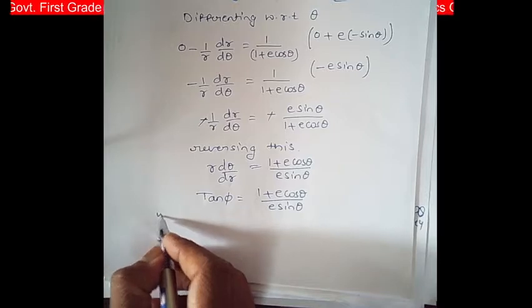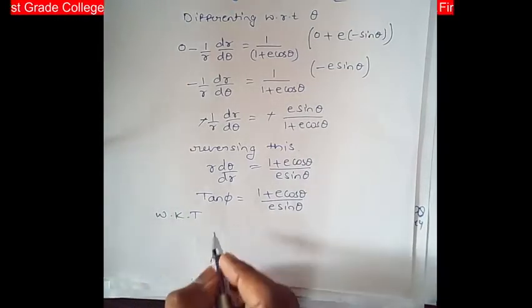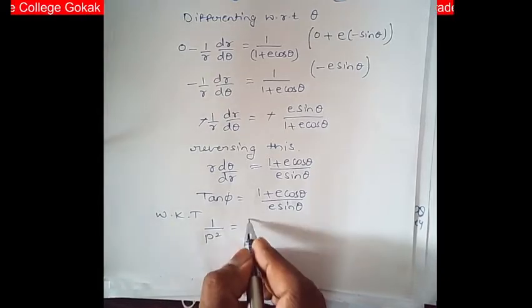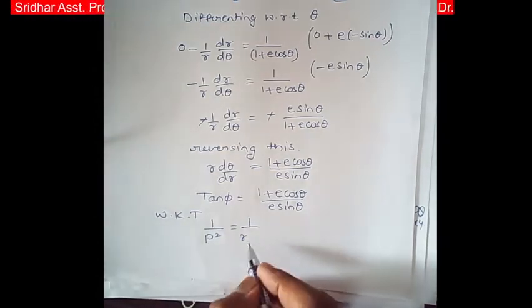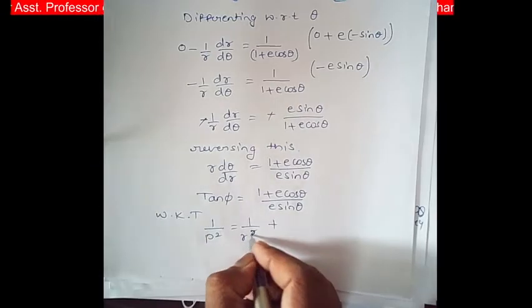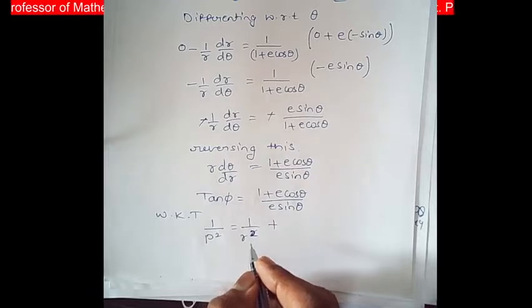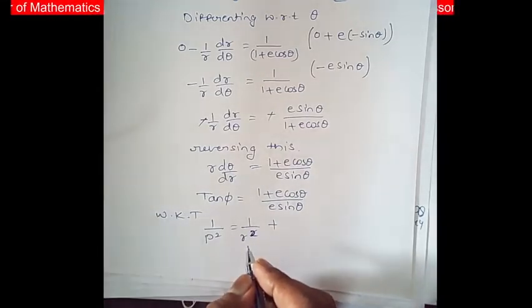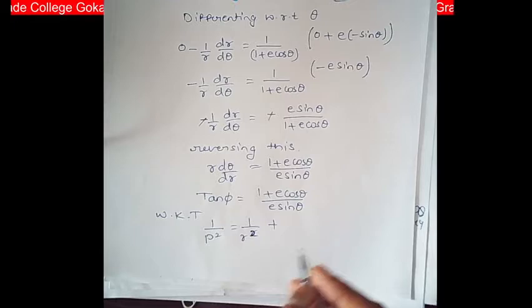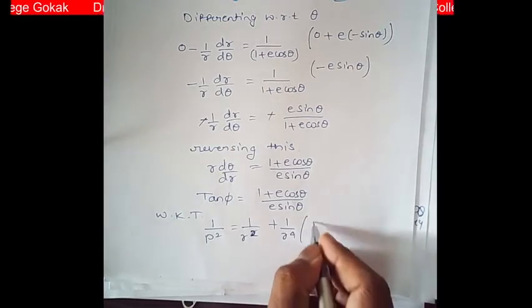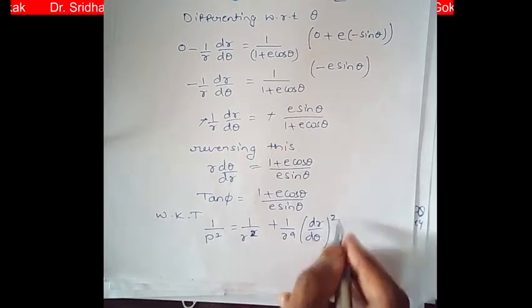So we know that 1 by p square is equal to 1 by r square plus 1 by r raised to 4 into dr by d theta whole square.